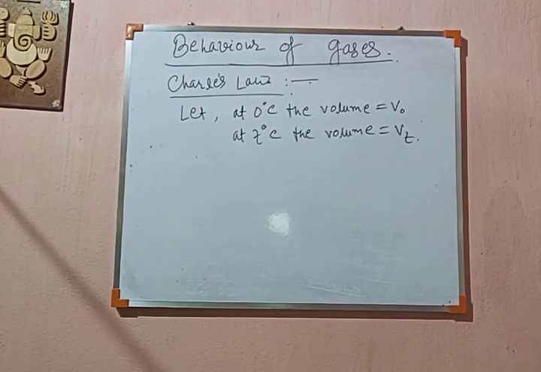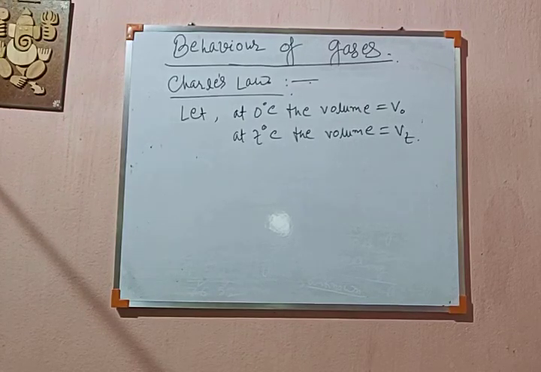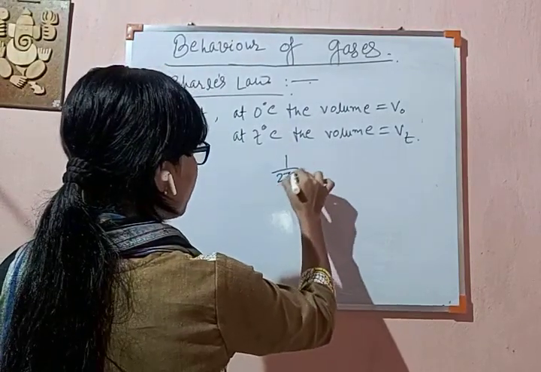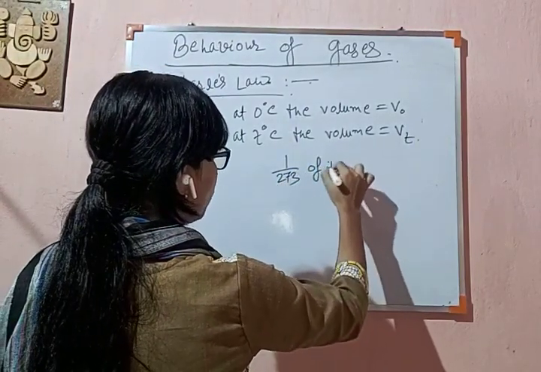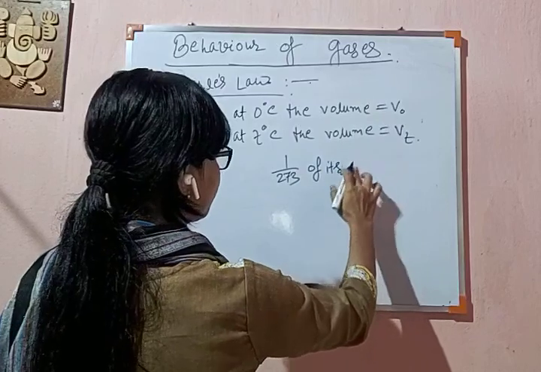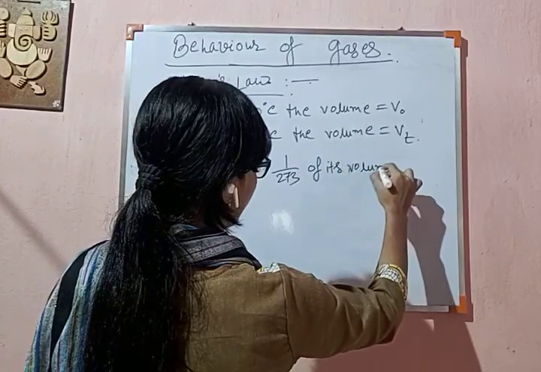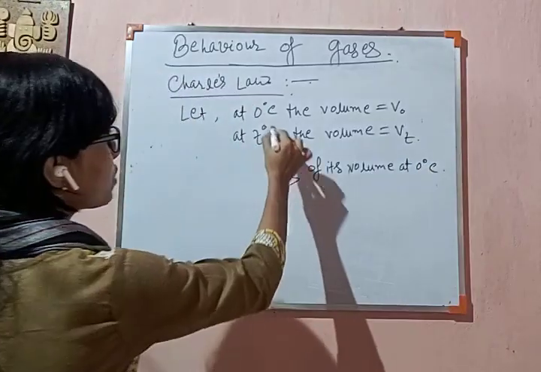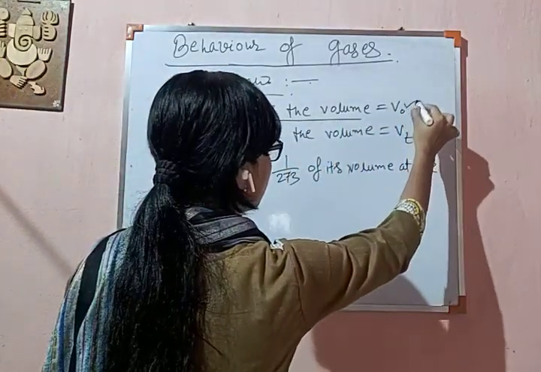Charles' law says that for every 1 degree rise in temperature, the volume increases by 1 by 273 of its volume at 0 degrees Celsius. The volume at 0 degrees Celsius is V0.